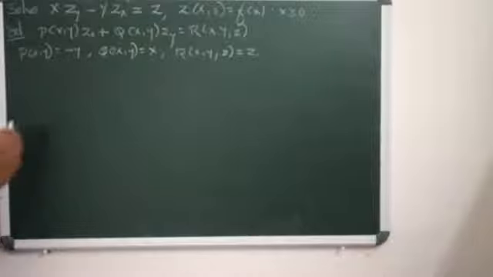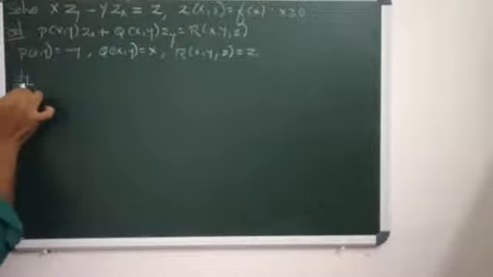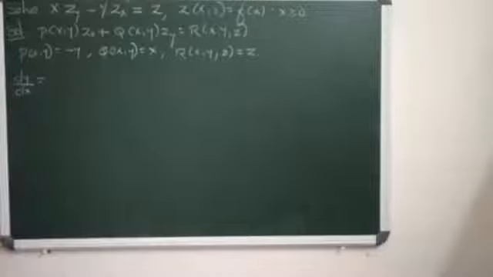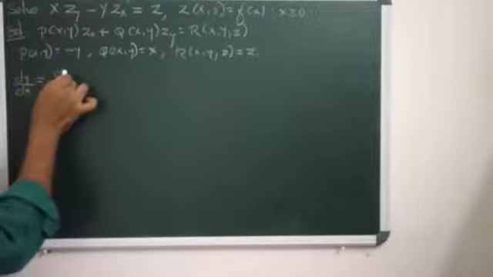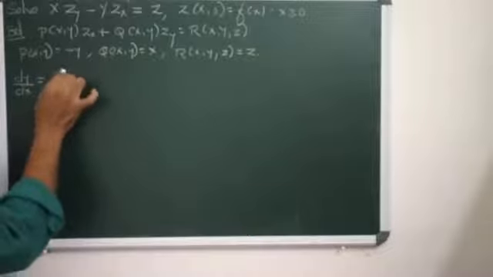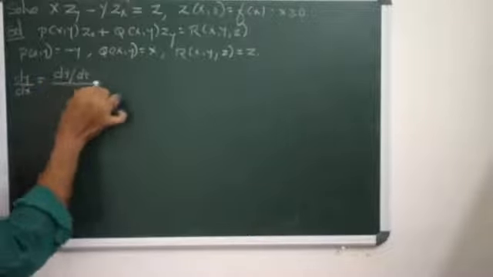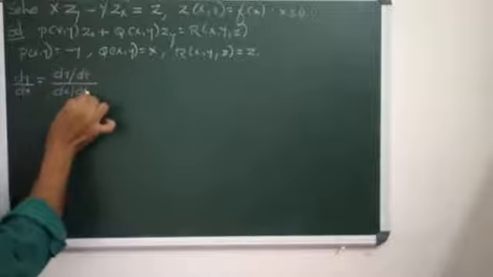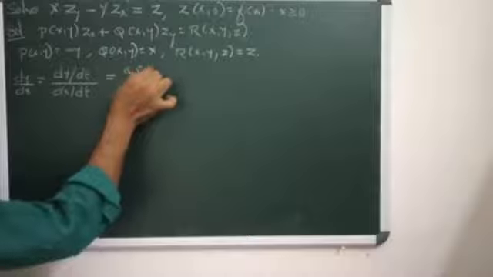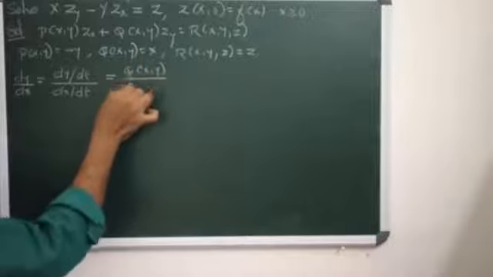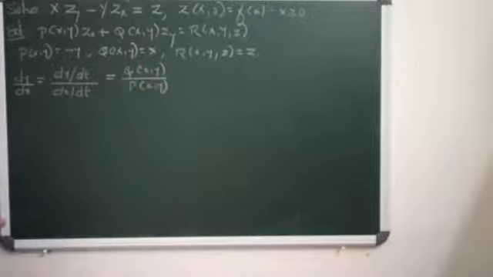Okay. So what about dy/dx? We know that dy/dt is q(x,y) and dx/dt is p(x,y). So dy/dx is dy/dt divided by dx/dt, that is q(x,y) by p(x,y).